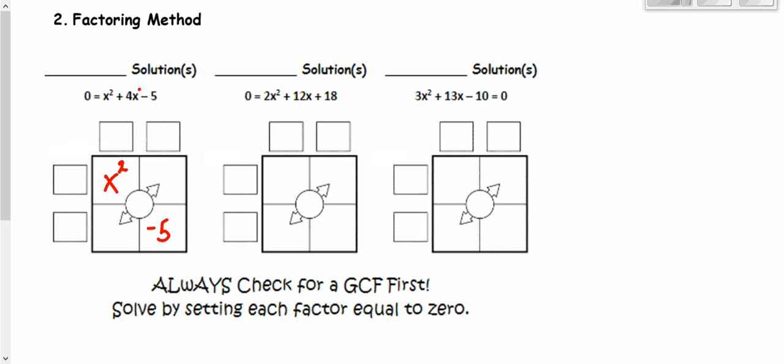So we know that this middle term needs to add 4x. And then also these two values here you need to multiply. Okay, so then you need to add the 4, and they need to multiply to equal 1 times negative 5. So that would be negative 5. Okay, so they need to add the 4 and multiply to negative 5.